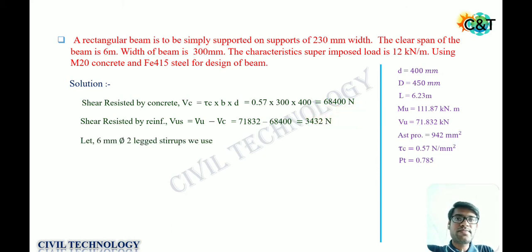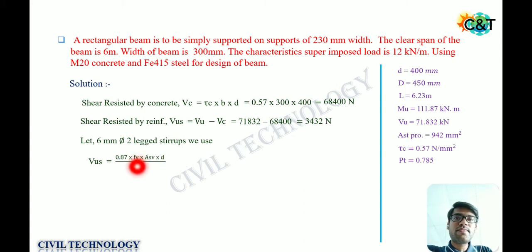So let's consider a 6 mm diameter stirrup which is 2 leg, and based upon that we calculate the spacing of the shear reinforcement. For that this is the formula: Vus will be equal to 0.87 fy into Asv multiplied by d divided by sv.